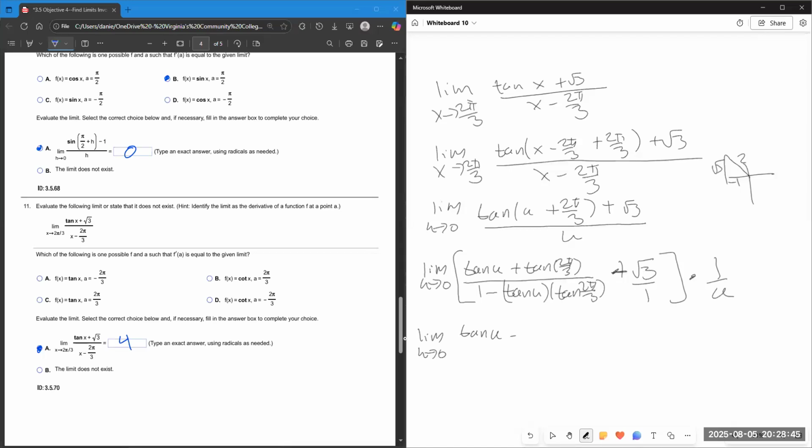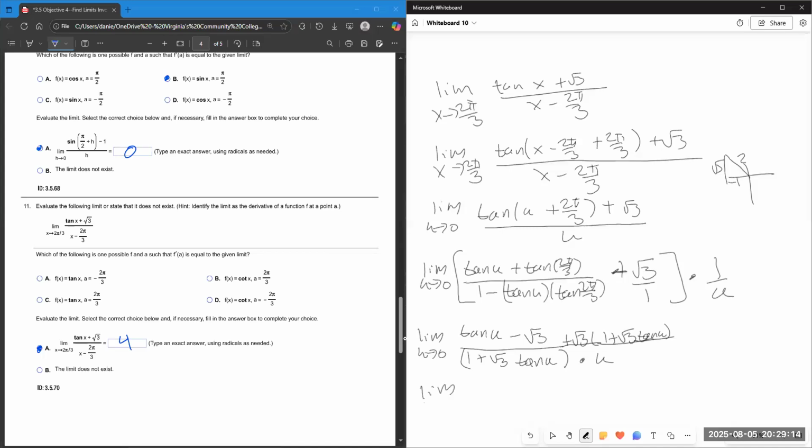Okay. So if I want to make a common denominator, it's plus root 3 times 1 plus root 3 tan u, and then multiply that times u down here.